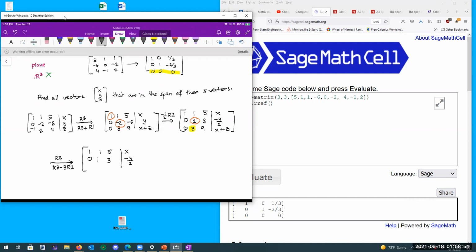If we look at the things to the left of the augment, 3 times row 2 is 0, 3, 9, so we get all zeros on the left. Then we're going to do x plus z minus 3 times row 2, which was negative y over 2.